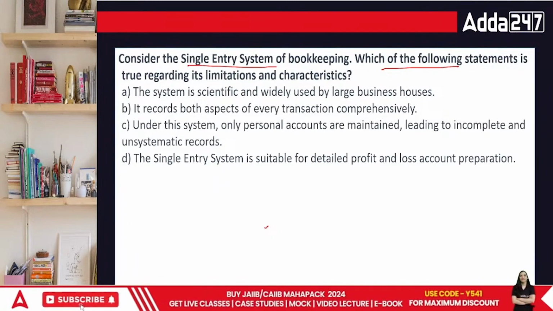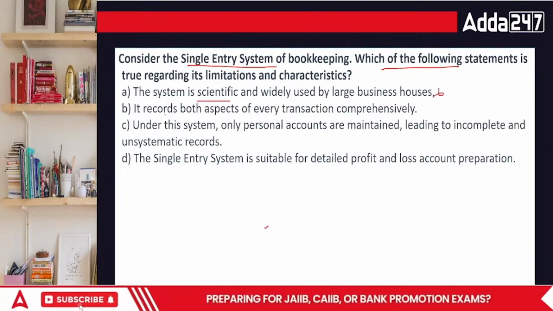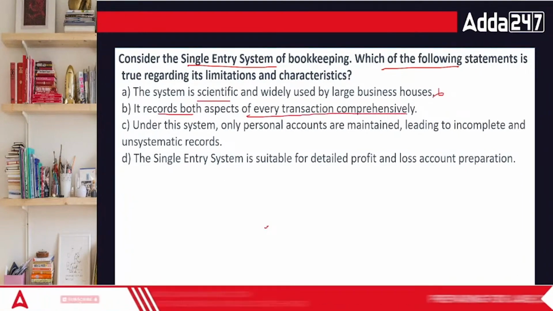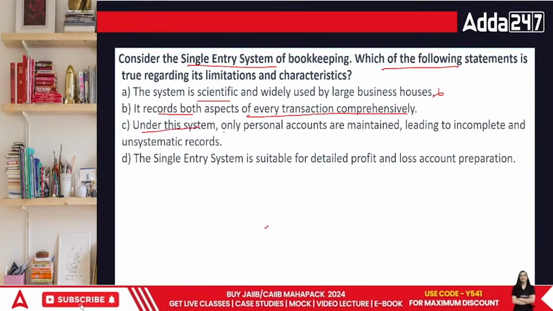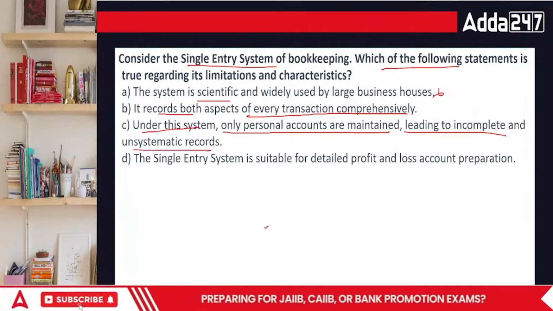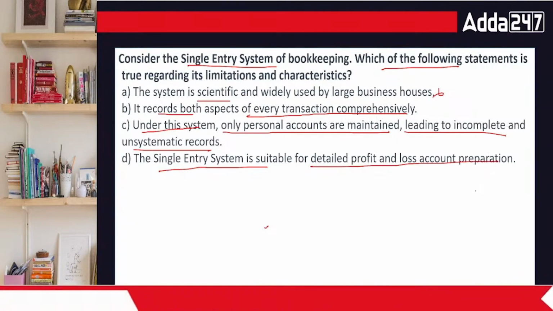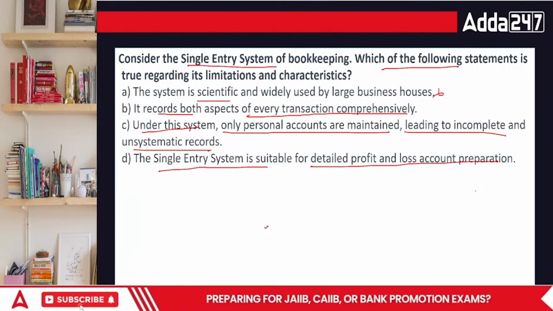When we talk about single entry, the scientific system used by large business houses, no. It records both aspects of every transaction comprehensively. Under the system, only personal accounts are maintained, leading to incomplete and unsystematic records, or single entry system is suitable for detailed profit and loss. Detailed profit and loss is also wrong.